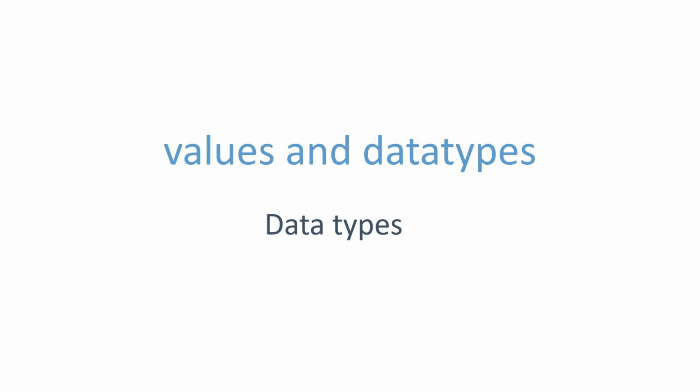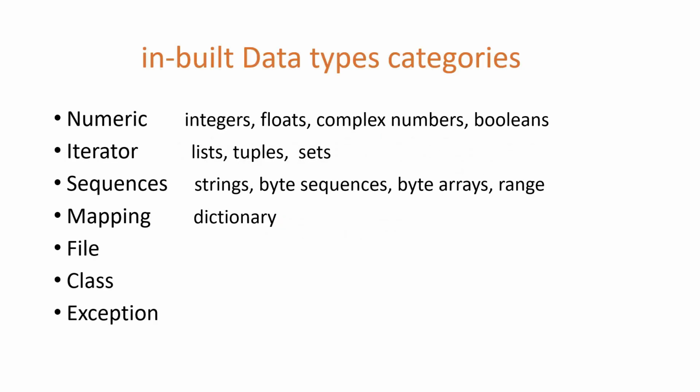Hello guys. In this session I am going to explain what all the data types are. In Python we have to note one important point, that is, values have a data type, not variables. And I will explain the inbuilt data types.